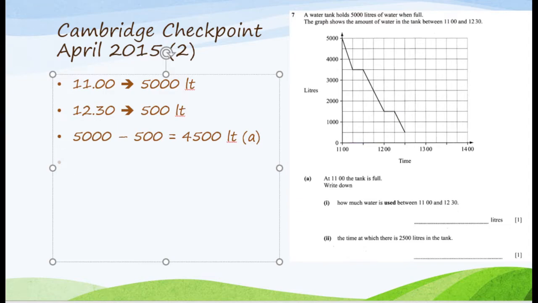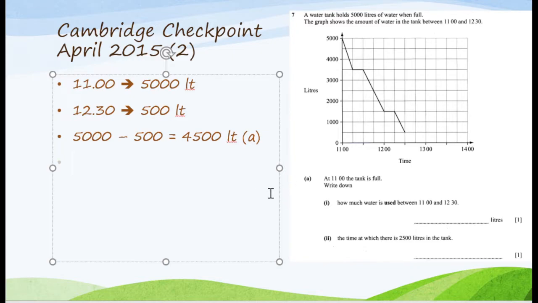Now, the next one, the B. The time at which there is 2,500 liters in the tank. So at the beginning 5,000, and then after that at 12:30 it is already 500. So there will be a time when the water tank holds only 2,500 liters. How to find that, or not where is it, but when is it, right?